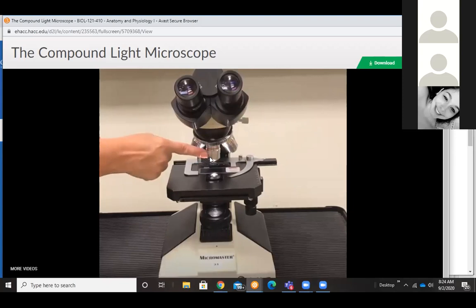So what you do is you multiply the strength of the objective lens and the strength of the ocular lens. So if the strength of the ocular lens is 10 and the strength of the objective lens is 4, you're at a 40x magnification, 40 times what your naked eye would see by itself.